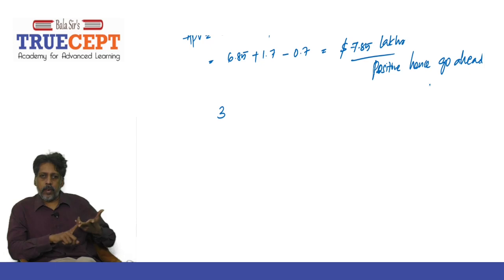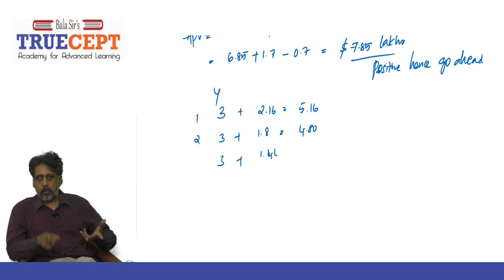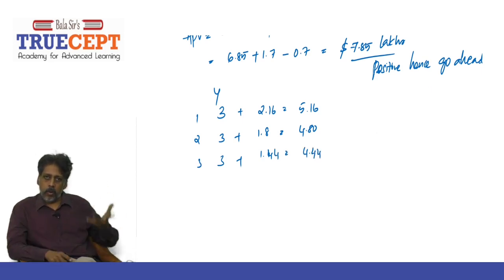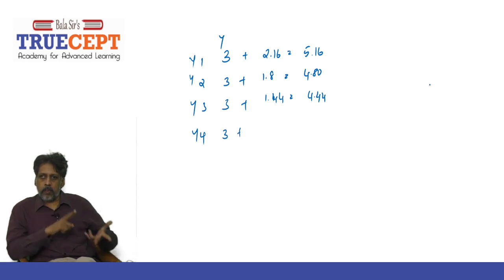Year one outflow 5 lakh 16,000. Year two outflow is 4 lakh 80,000. Year three outflow will be 3 lakh plus 1 lakh 44,000, in all 4 lakh 44,000. Year four, it is 3 lakh and 1 lakh 8,000, in all 4 lakh 8,000.